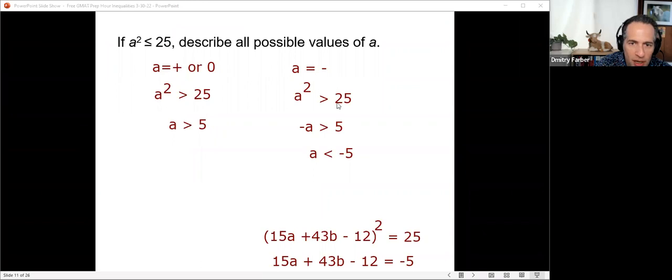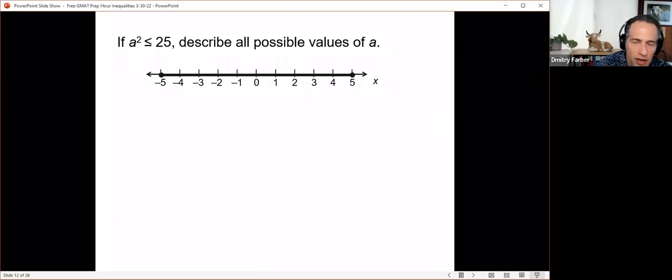And what this ends up going into, here we have the less than or equal, so I'll add that in. What this ends up turning into is a nice conjunction in the middle. And so I'll draw that. We would just say, okay, this is all the values from 5 to -5.